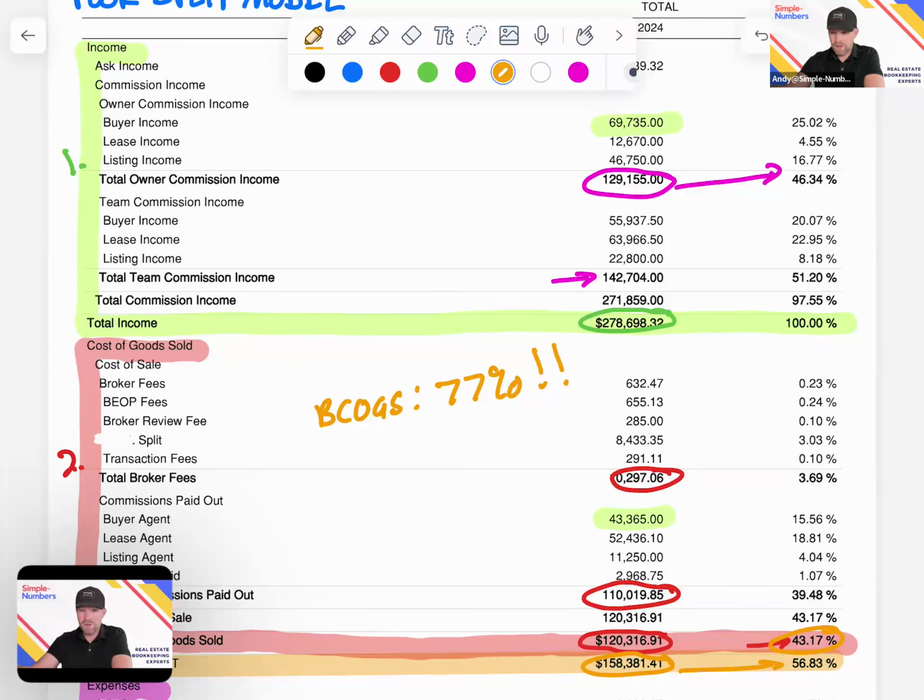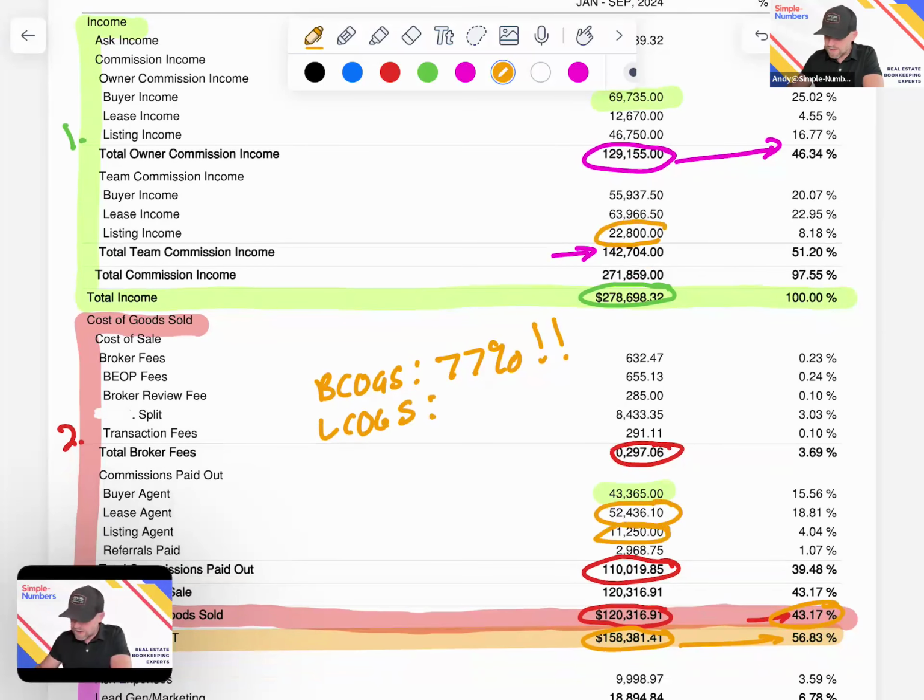That's an issue. Then on the listing side, if we do the same calculation, $52,000 got paid out, and from the team listing income, no, I take that back. That was lease. So $11,000 got paid out, $22,000 on the listing side was brought in. So our listing side cost of goods sold is 49%.